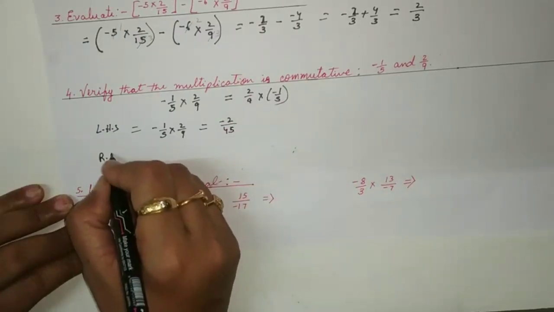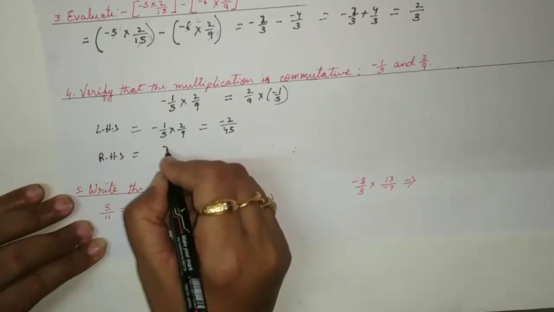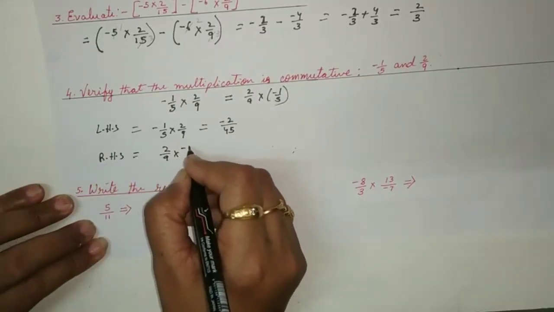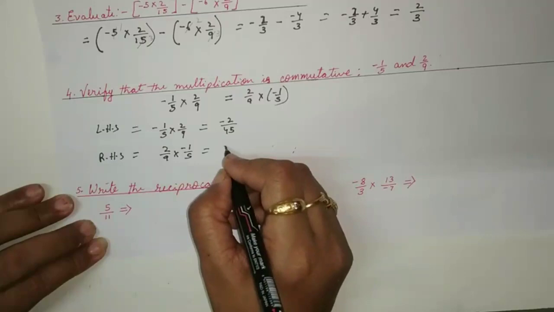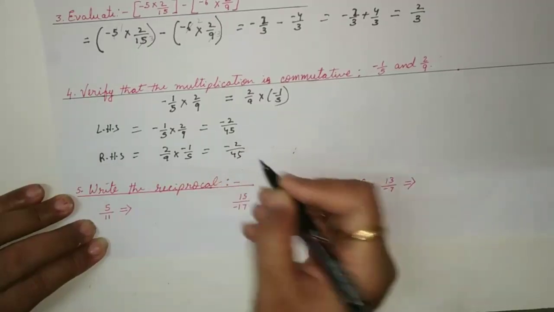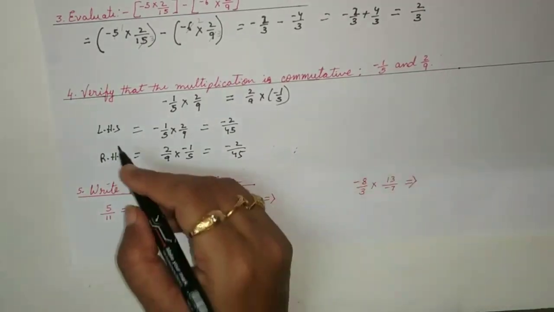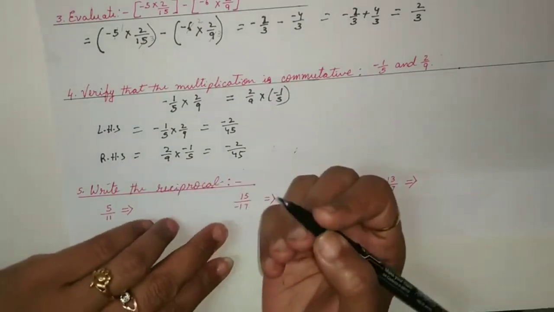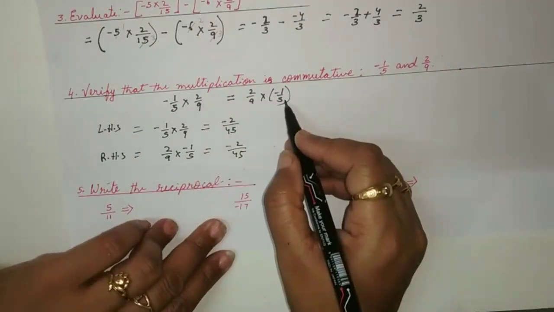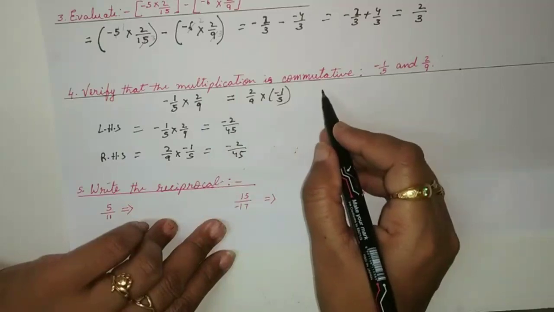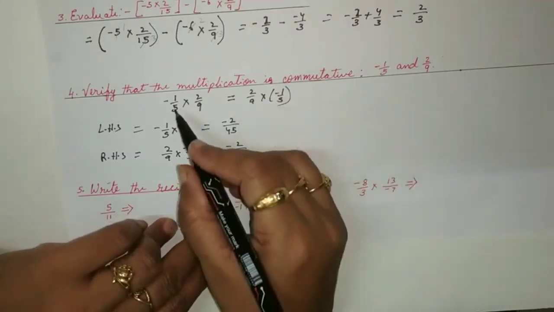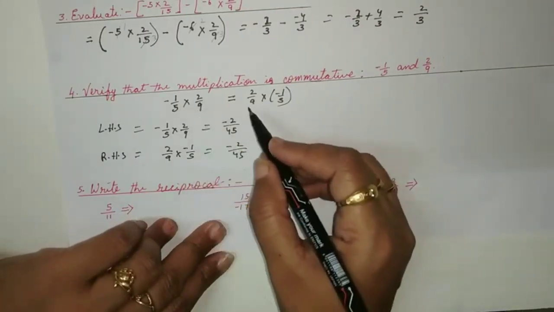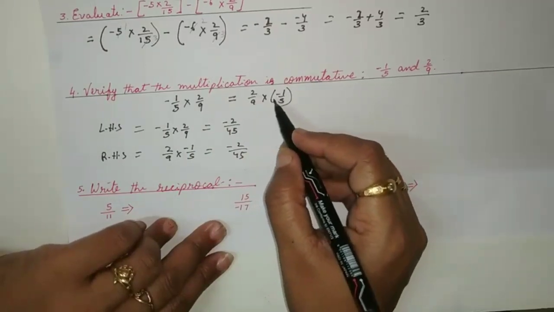If you do for RHS, you have 2 by 9 into minus 1 by 5. Again minus 2 by 45. And we get that LHS and RHS are the same. Therefore, the statement is correct and multiplication is commutative. That is minus 1 by 5 into 2 by 9 is equal to 2 by 9 into minus 1 by 5.